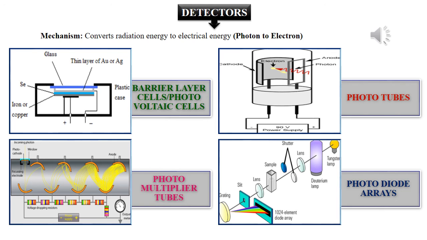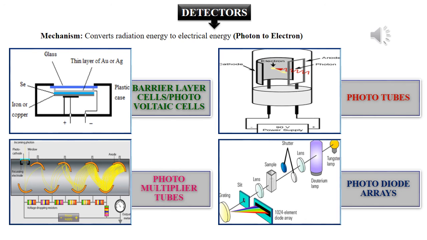Diode array also functions with a grating monochromator, where diffraction occurs, so whatever radiation we receive from the sample is split into individual wavelengths. No wavelength is neglected without detecting, and all the signals, from weak to strong, received from the sample are detected by photodiode arrays also.